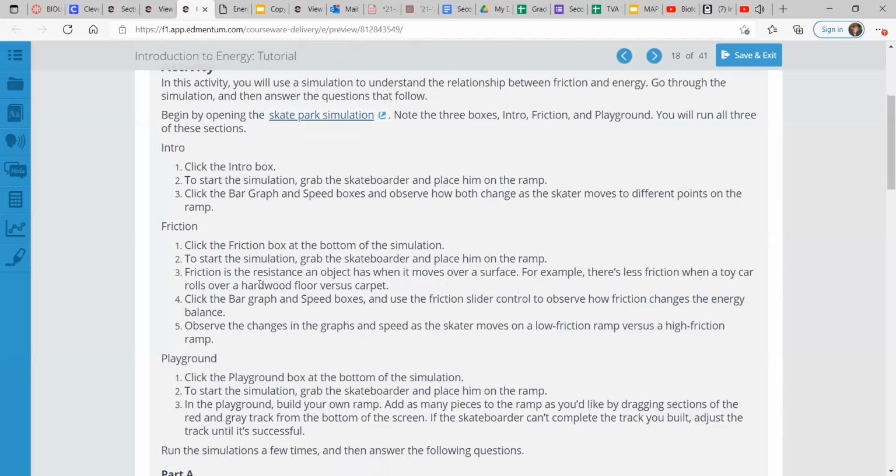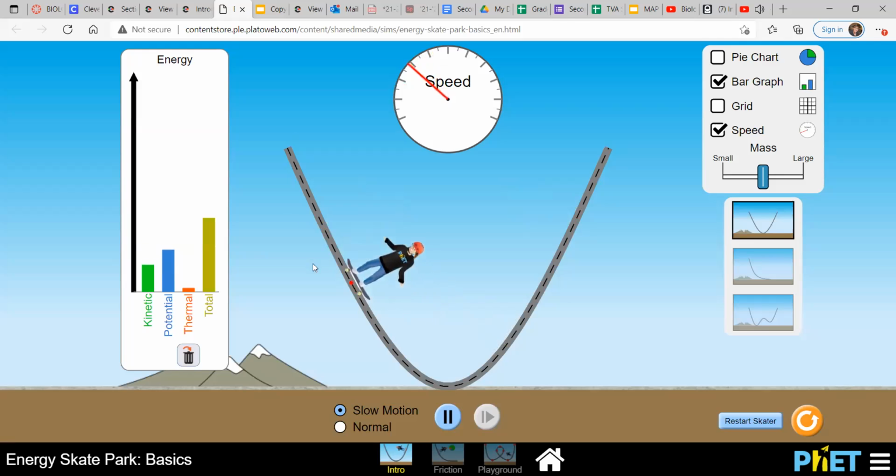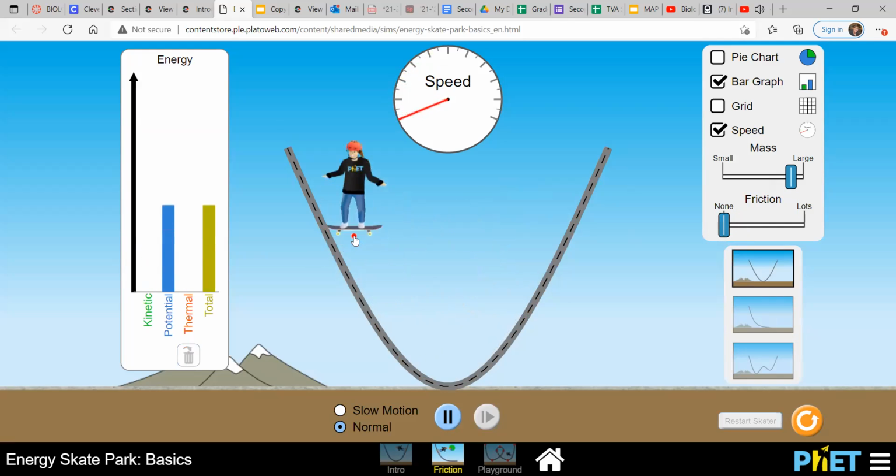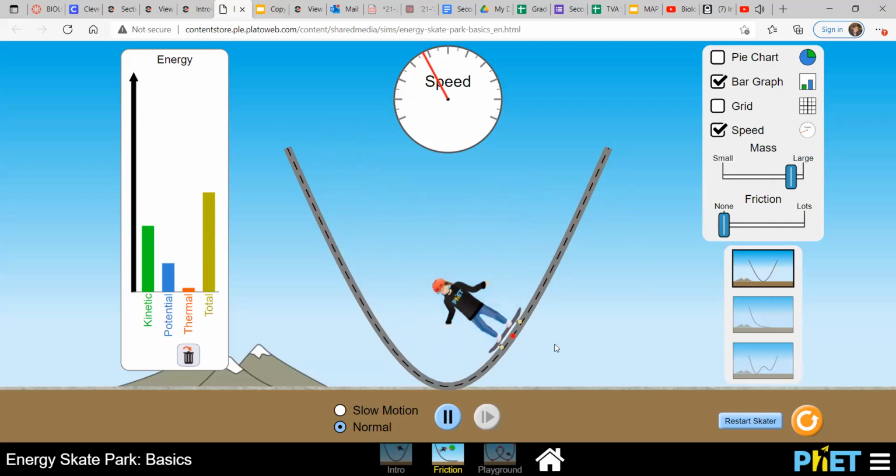And we can also experiment with the friction part. The lower the friction, the easier it is for the skater to move up and down the ramp in a very smooth fashion.